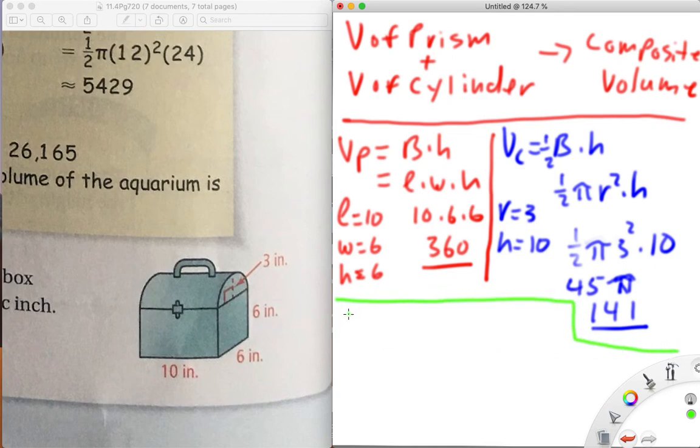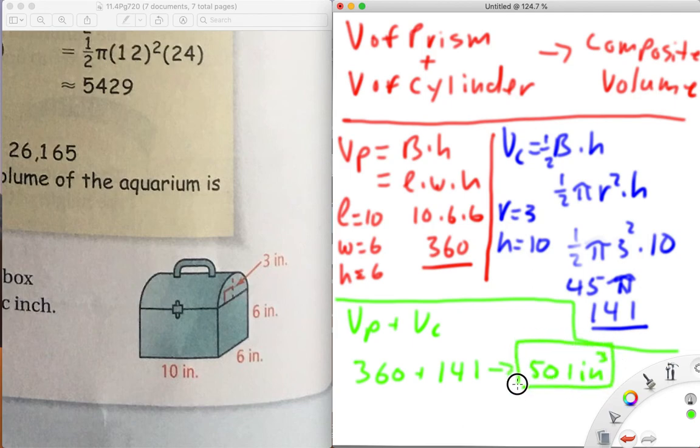So we're going to add those two up, the volume of the prism plus the volume of the semi-cylinder, which is going to be 360 plus 141, which gives me a composite volume of 501 inches cubed.